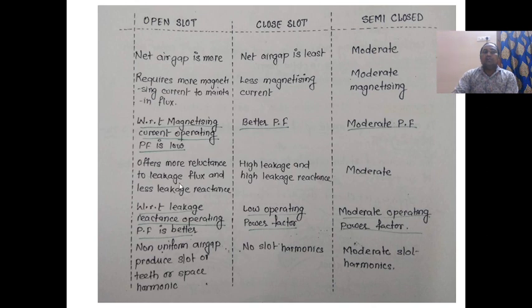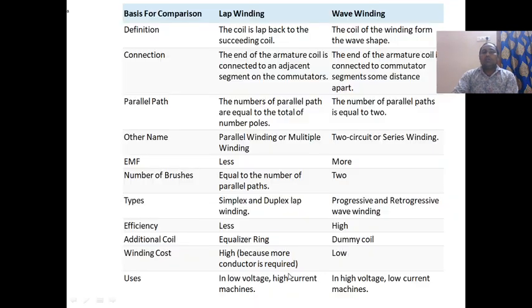Closed slots offer more reluctance to leakage flux and less leakage reactance... with high leakage and high leakage reactance in closed slots, moderate in semi-closed. With respect to leakage reactance, the operating power factor is better in open slots, low in closed slots, and moderate in semi-closed slots. The non-uniform air gap produces slot or teeth harmonics: more in open slots, none in closed slots, and moderate in semi-closed.